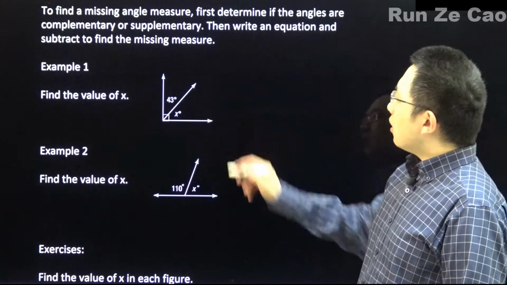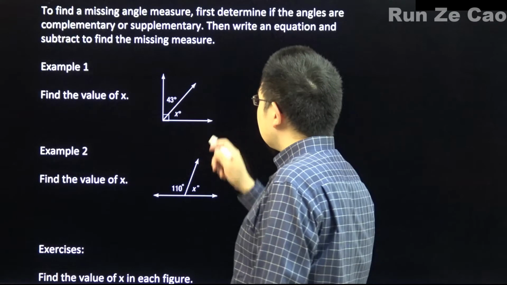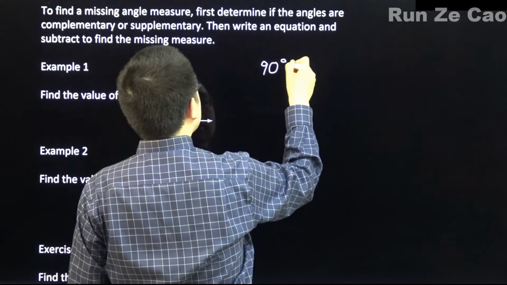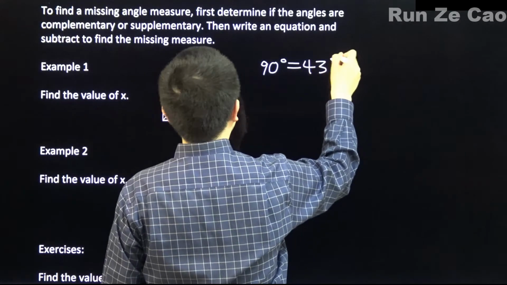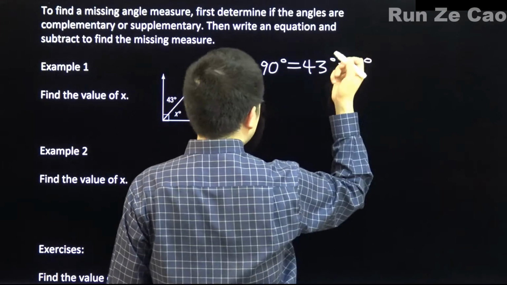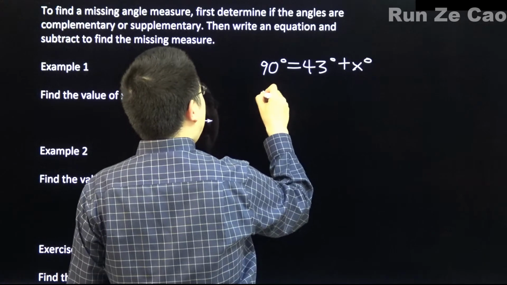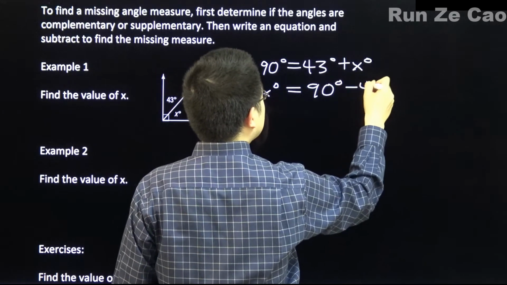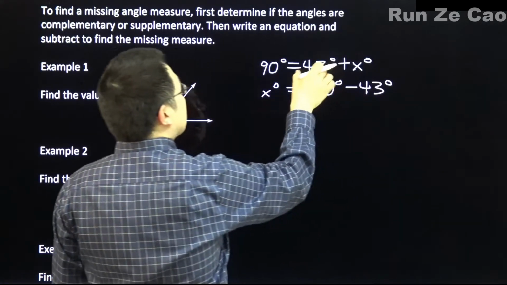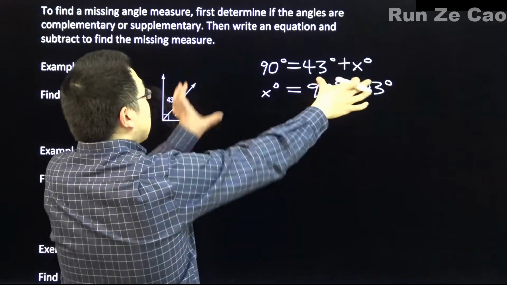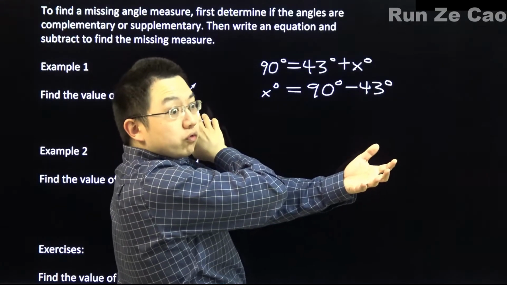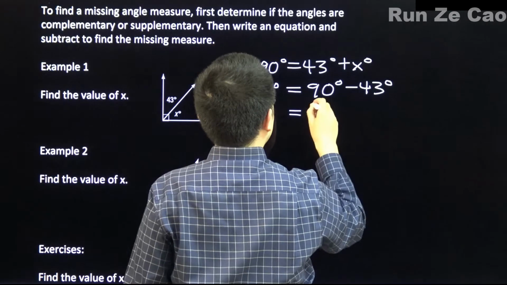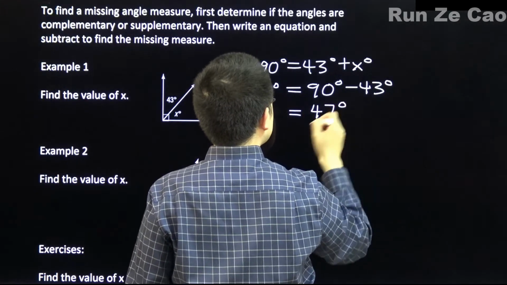For example, we know that this is 90 degrees. 90 degrees equals 43 degrees plus x degrees. Well then x degrees is equal to 90 degrees minus 43 degrees. You subtract 43 from both sides and you flip the sides in the same move. So this gives us 47 degrees.